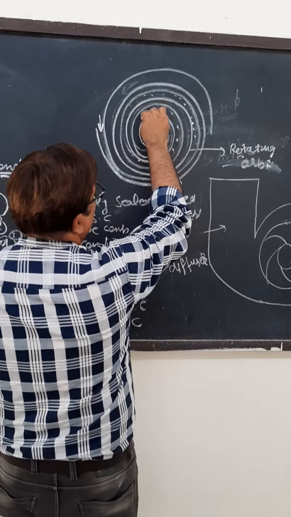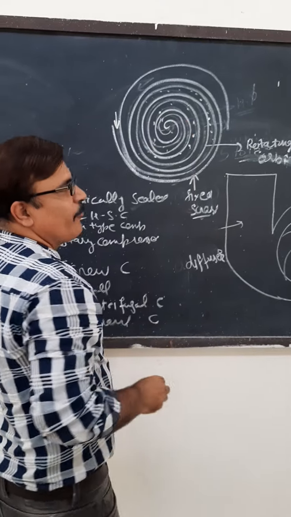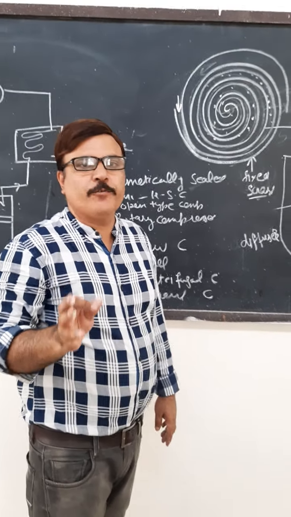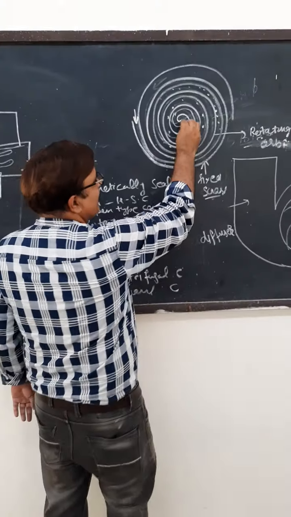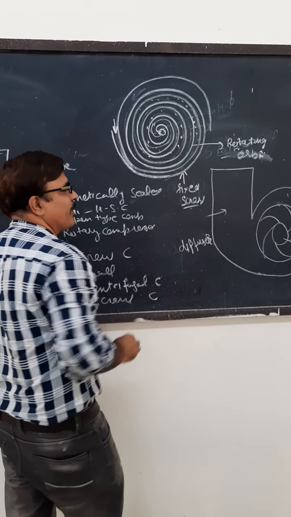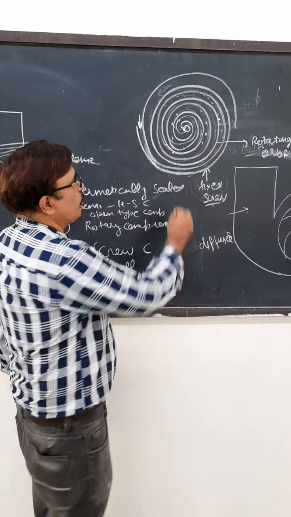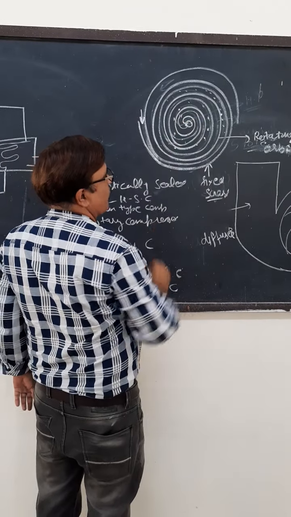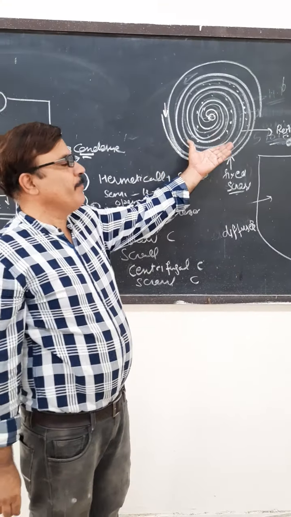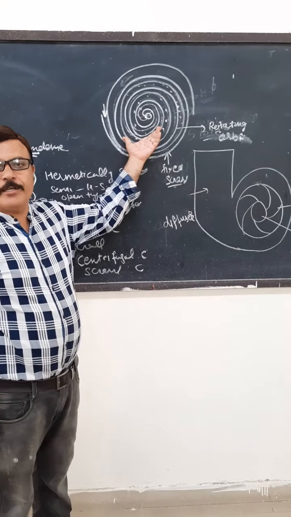And slowly it will move to the center, where its temperature and pressure both will increase. And through this high pressure and high temperature, refrigerant will be supplied to the condenser through the center of the scroll. So this type of compressor is known as the scroll type compressor.